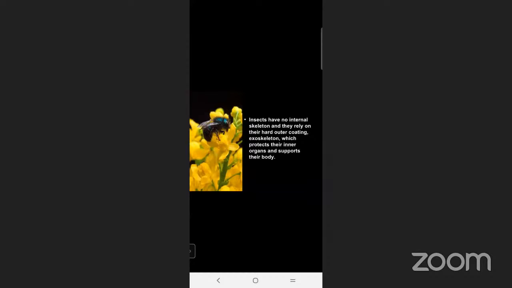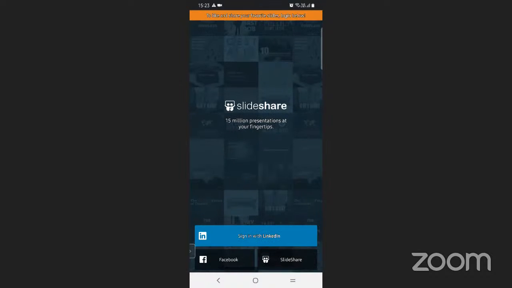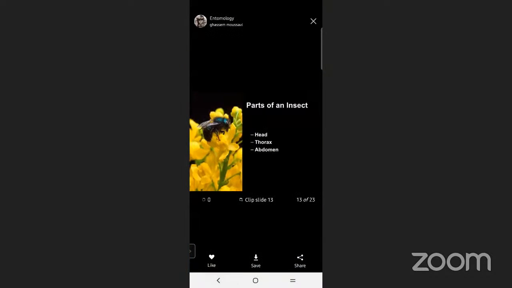Insects have no internal skeleton, and they rely on their hard outer coating, the exoskeleton, which protects their inner organs and supports their body. Coming to the external morphology of the insect, we come across the head, thorax, and abdomen.